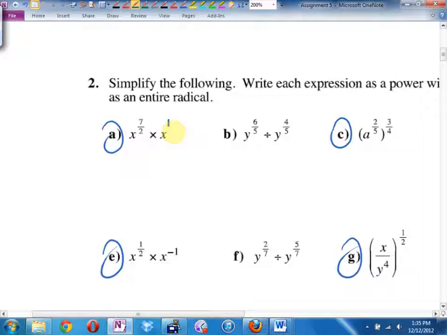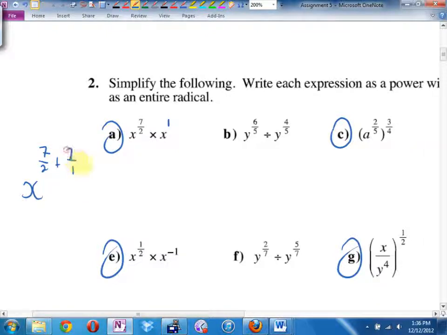What do I do with the exponents? Here I add them, right? This is going to be x to the power of 7 over 2 plus 1 over 1. Why can't I add them as is? Need a common denominator. Now 1 over 1, what is that if I put it over 2? It's 2 over 2.